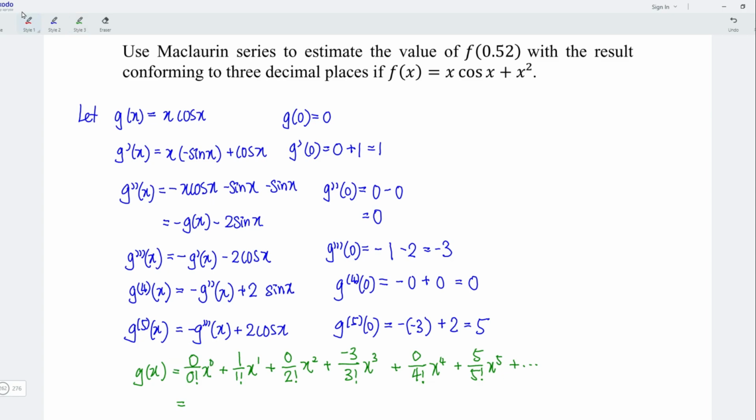So any term with 0 as the numerator can be ignored since it contributes no value. So I'm going to remove these 3 terms and we are left with 1x minus 1 over 2 x cubed plus 1 over 24 x to the power of 5 and so on.